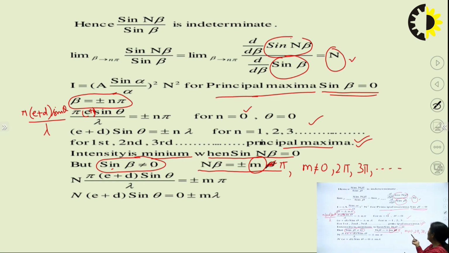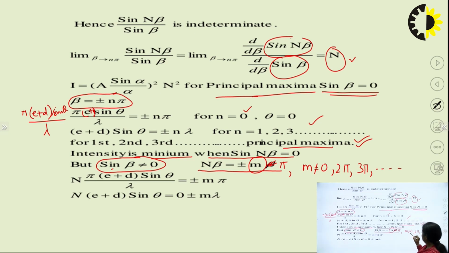Because again, if it takes these values, this condition matches the condition of principal maxima. And all of us know that at the same position, the maxima and minima cannot occur. So that is the part which we need to take care of.